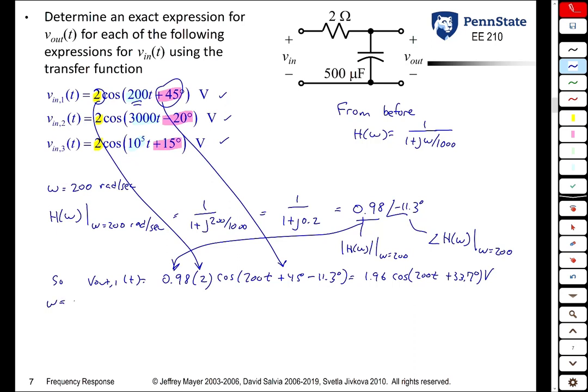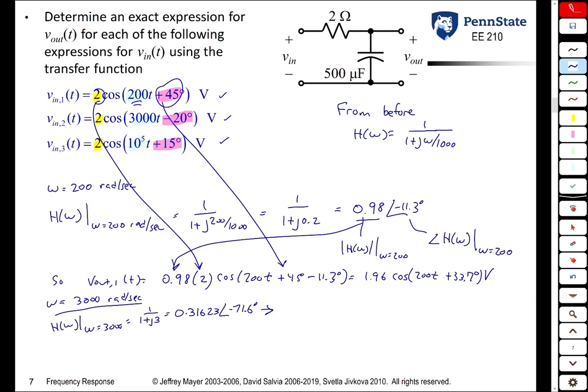Suppose omega is 3000 radians per second. At 3000 radians per second, h of omega evaluated at 3000 is 1 over 1 plus j3, which in polar coordinates is 0.31623 at an angle of minus 71.6 degrees.